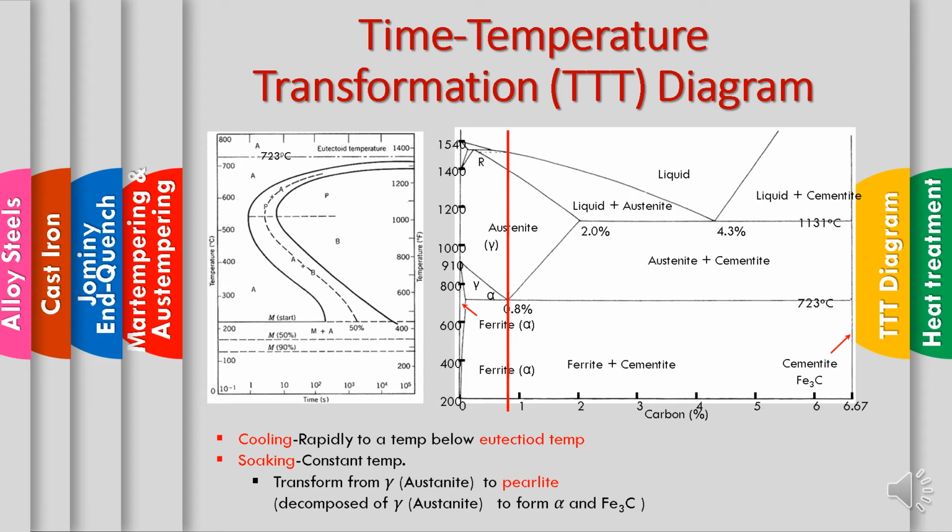And then the austenite basically transforms to pearlite, which is the composition of ferrite and cementite. So from austenite we transform directly to pearlite, which is composed of ferrite and cementite.